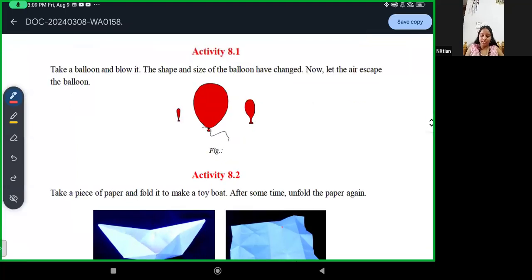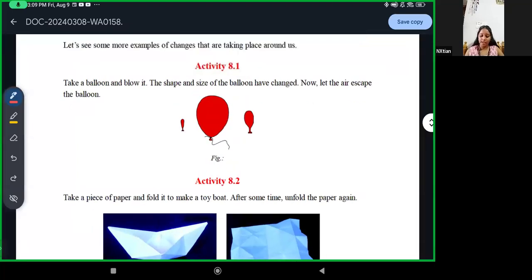If you see a balloon and blow into it, it will expand, so its shape changes. If you take the air out of it, it will shrink again, so change is happening here also.